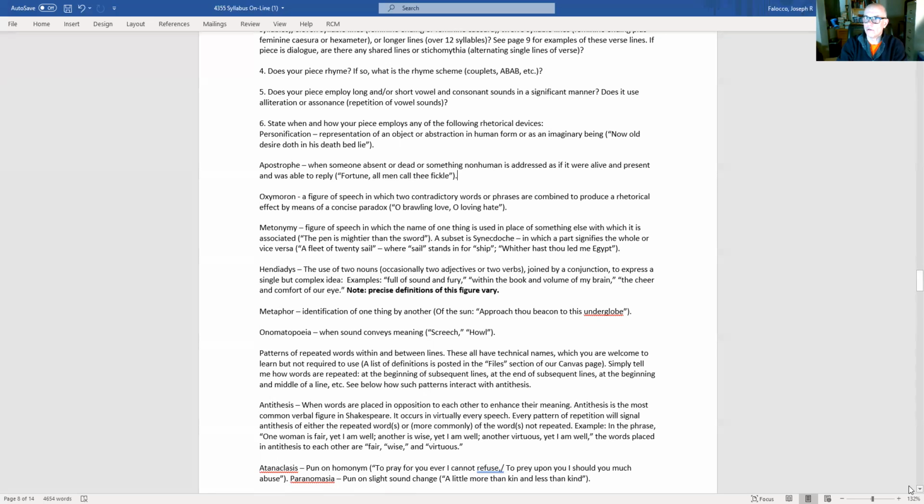When the leader of a political entity, a country or a dukedom, is called by the name of the place that they lead. So Antony says to Cleopatra, "Whither hast thou led me? Egypt." She is the queen of Egypt, so he calls her Egypt. We're going to hear that in King Lear a lot. They say, "Where is France?" Not "where is the country," but "where is the king of France?" I call that the royal synecdoche.